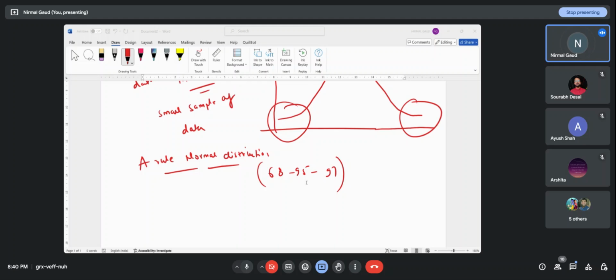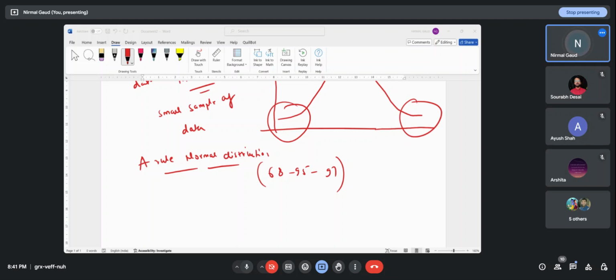So, 68, 95, okay, let's consider 99 instead of 97. 68, 95, 99. This is an empirical rule. It refers to the 3 sigma rule. Sigma, 2 sigma, 3 sigma rule. And it offers a simple and quick method for comprehending the distribution of data in a normal distribution.